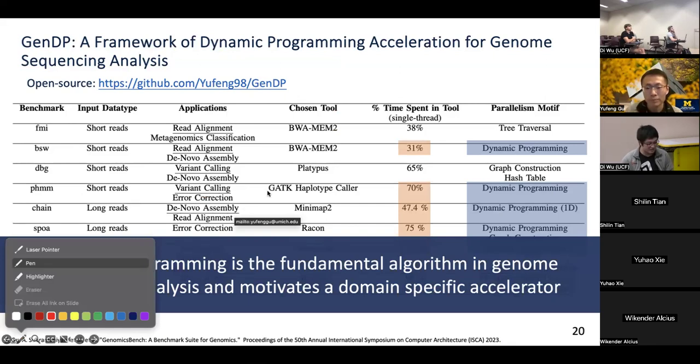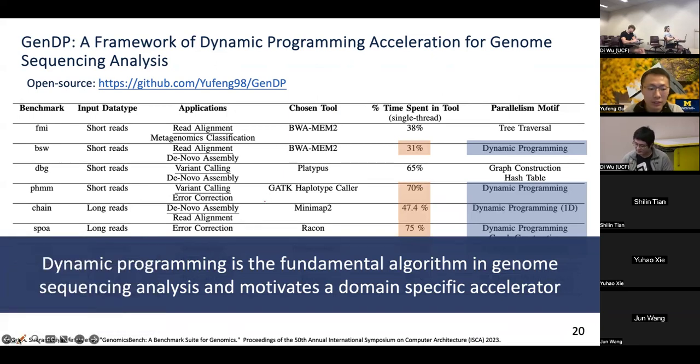Okay, any other questions from online or people here? Hey, this is Dr. Wang. I listened to this talk late, but I'm curious, because this genome sequence analysis has been around for a long time, right? Without us talking about these accelerator computing, domain specific accelerators. And I know MapReduce and Hadoop, when we talk about big data, like 10 years ago, 15 years ago, people already used Hadoop, right?